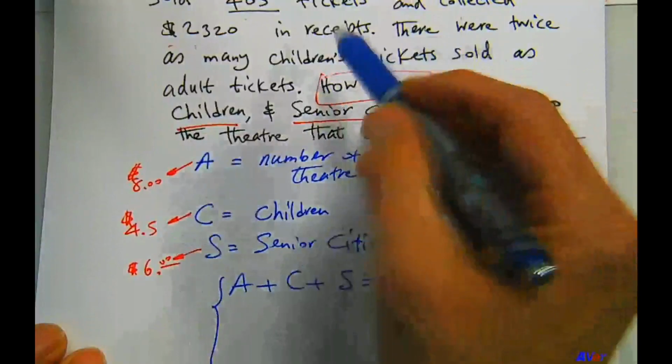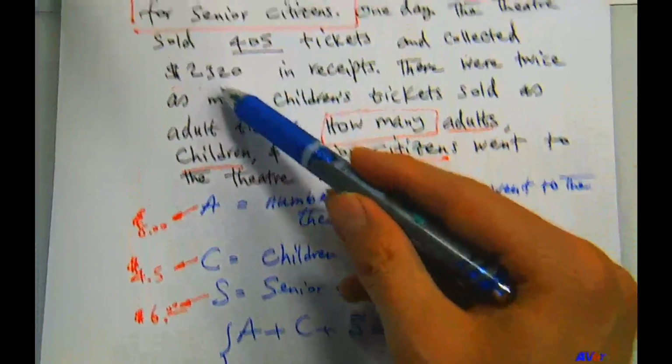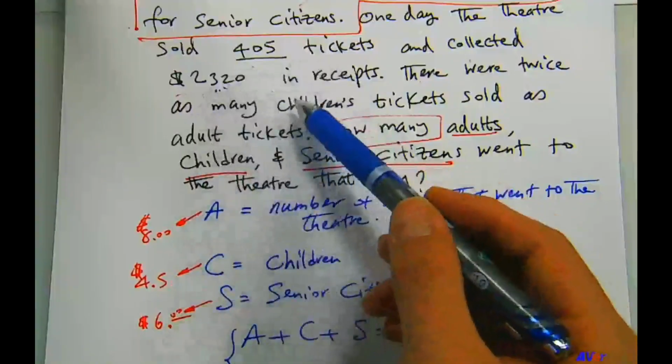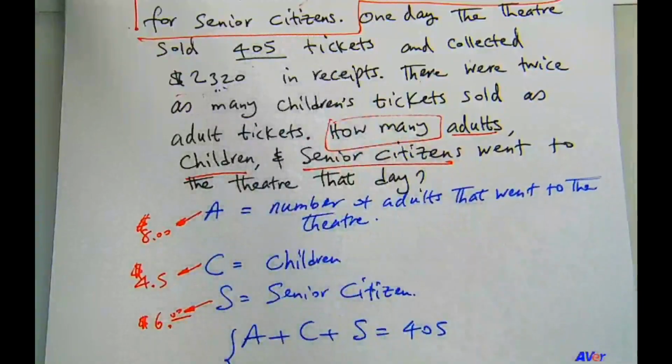Then it says that the theater collected this much in receipts. That's from all the 405 tickets. Great.